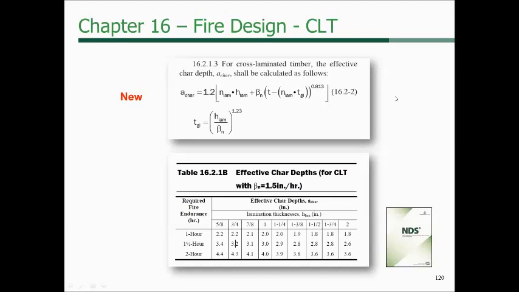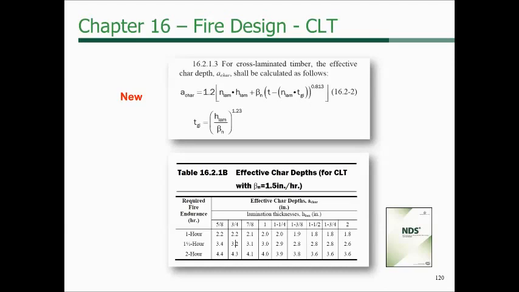Now, related to cross-laminated timber, there is a method for calculating the char depth for cross-laminated timber, which is shown in this equation here. The one thing to be aware of is this equation assumes that all the laminations are of equal thickness.